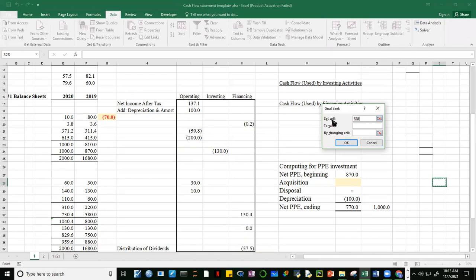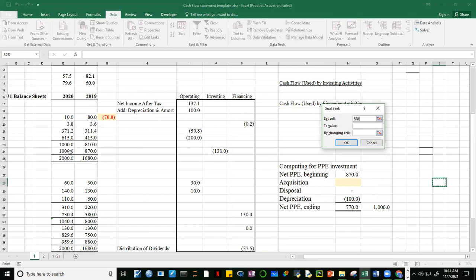So here, set cell. What are we setting? In this model, we know that the net PPE should be equal to 1,000. Now it's only 770, so this is wrong. We want this to be 1,000 because that's really your net PPE ending.